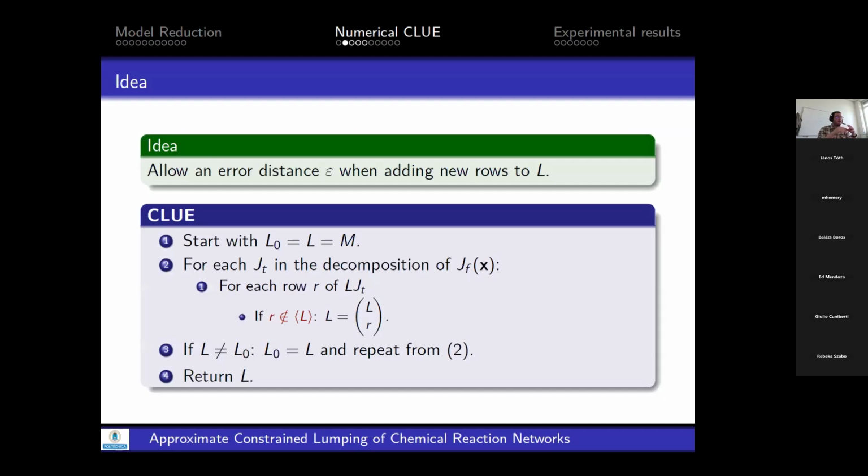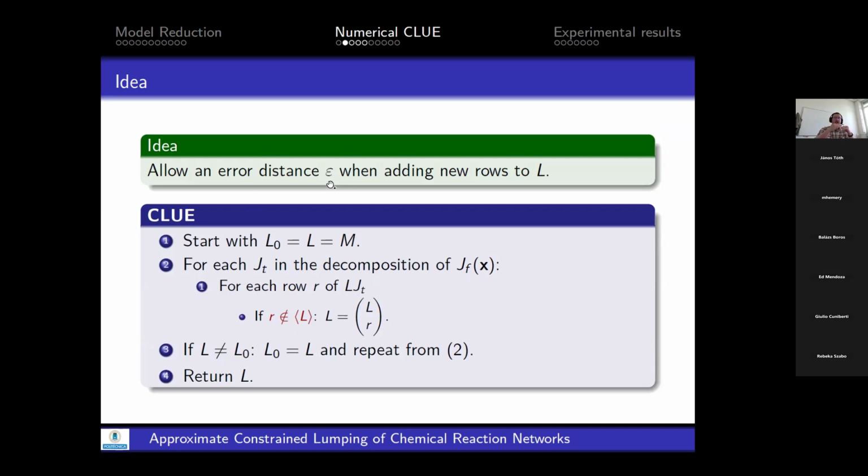The main problem, the place where the exactness of the coefficients comes into play, is the part of the algorithm where we need that the vector, the new row that we are checking, is exactly in the space generated by L. And this is too strict. So let's allow some error distance, let's call it epsilon.